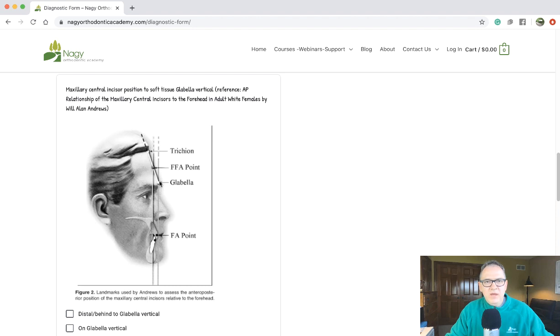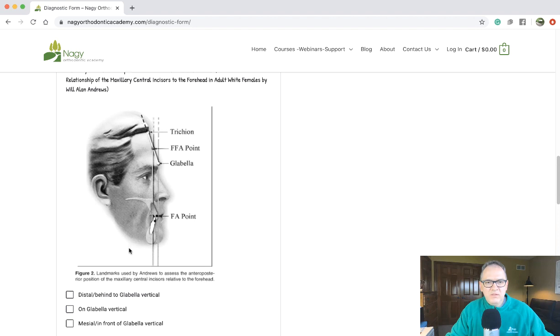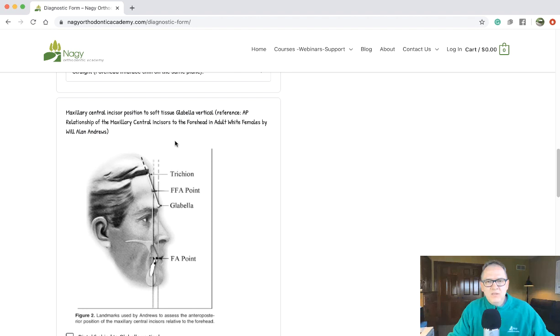Okay, and there is a point about halfway, the FFA point, and if you draw a vertical line down, then your central incisor should be on the glabella vertical. So you just simply draw a line from the glabella vertically down, and for the facial surface of your central incisor, is it behind, is it on the glabella vertical? Okay, so it just helps where your central incisor should be.